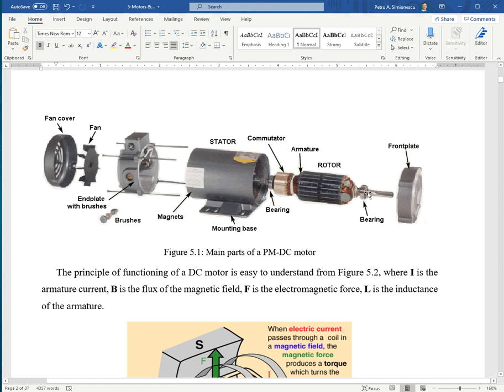And then there are the bearings supported by the plates. We have the brushes, oftentimes graphite. For small size motors, they could be just blades that maintain contact with the commutator. For forced cooling, you can see a fan and a cover to the fan, if it is the case.